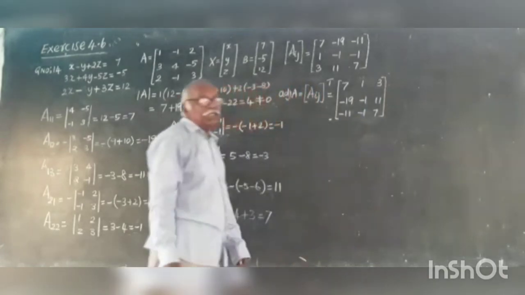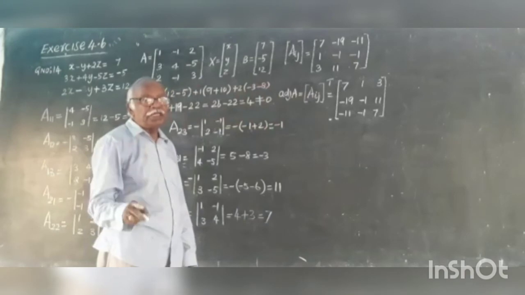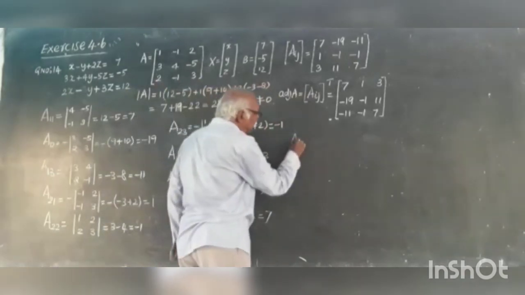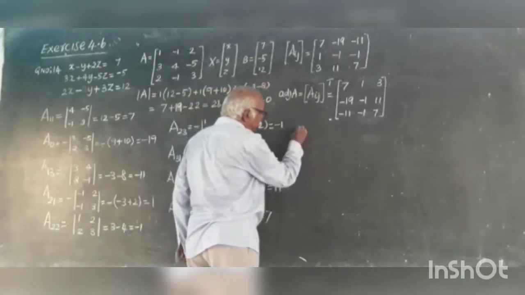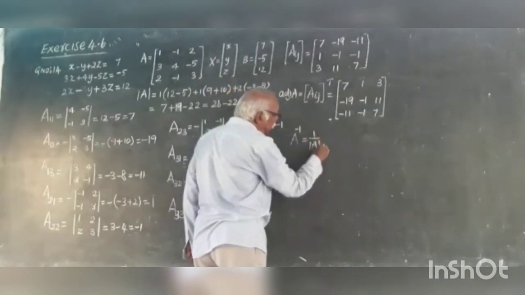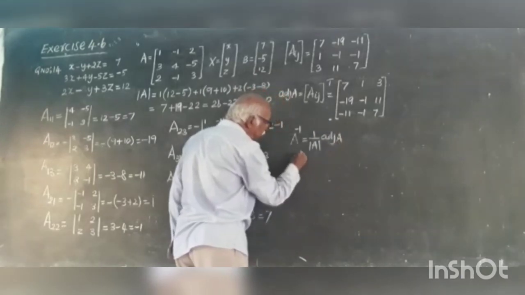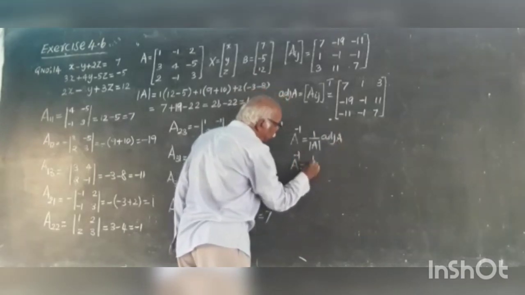This is the adjoint matrix. Then we have to find inverse. A inverse is equal to 1 by determinant A into adjoint A. Therefore, A inverse is equal to 1 by 4.